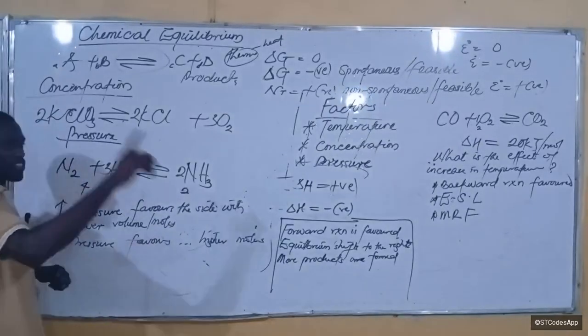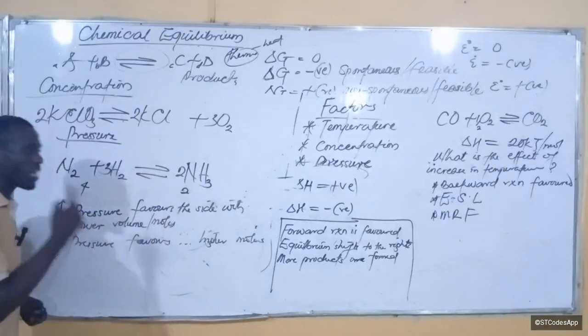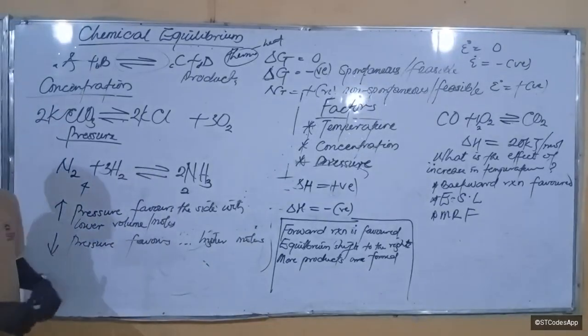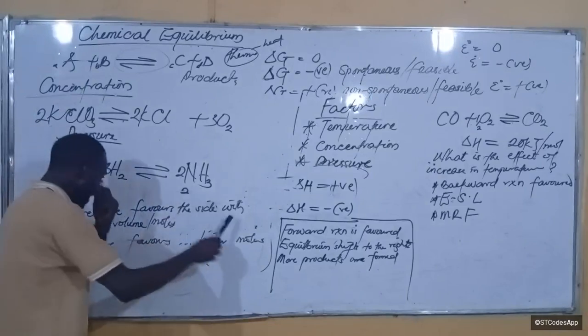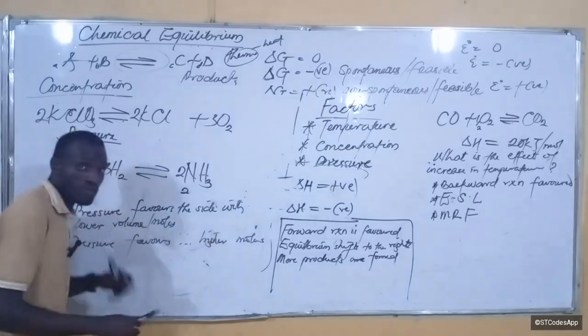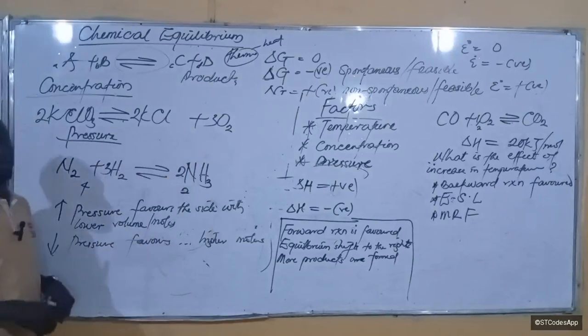But I now ask you, what is the effect of an increase in pressure? What will happen if I increase pressure for this reaction? Remember, if there is an increase in pressure, the side with the lower number of moles or volume will be favored. Which of these sides, product or reactant, has the lower number of moles? The product, of course, it has 2.